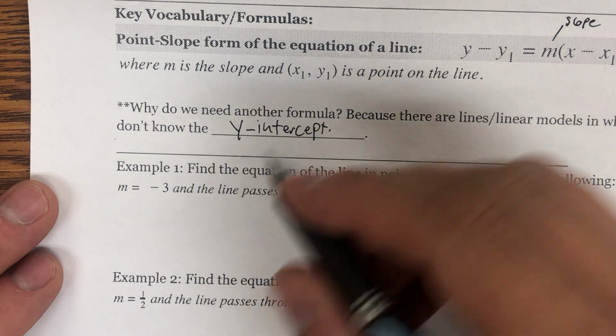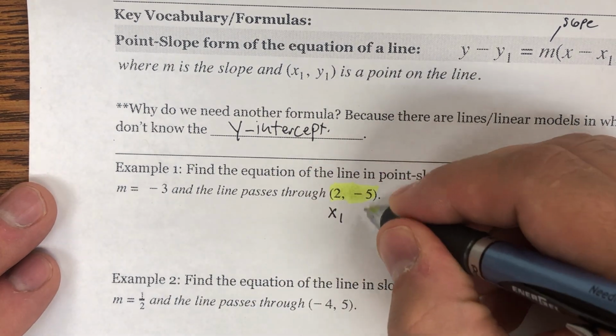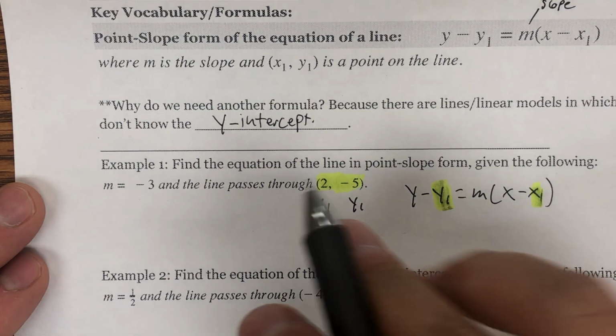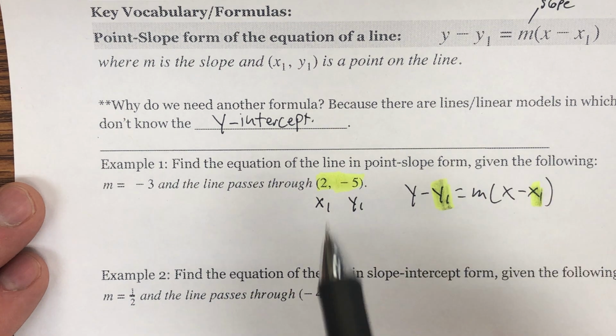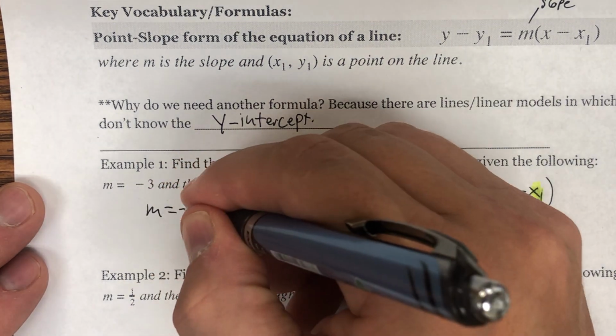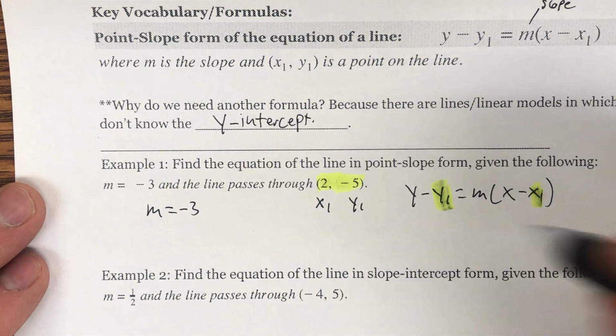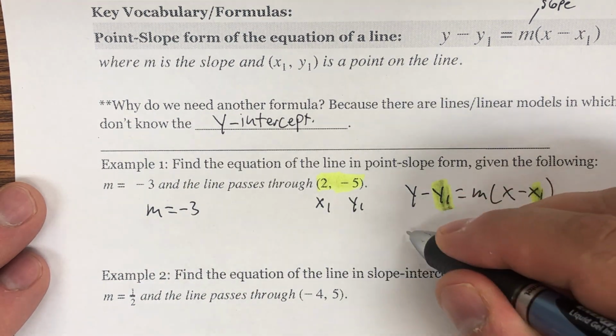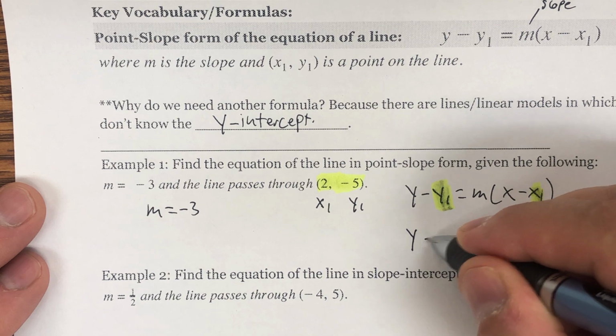When we label out our point, our 2 is our x1, our -5 is our y1. These are the values we're going to plug into this equation, where it's yellow goes in for yellow. Our slope is still -3, so m is -3. I just have to plug these values in. So y stays as the variable, y minus y1.